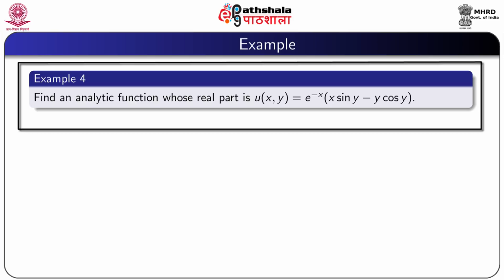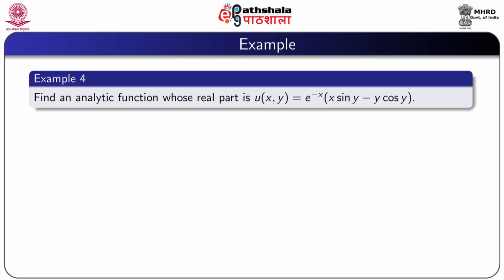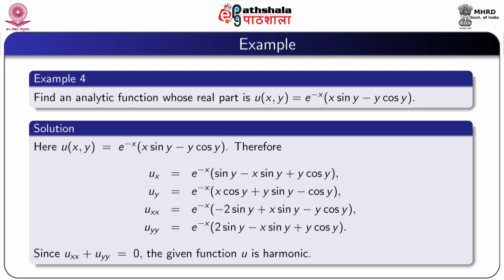Find an analytic function whose real part is u, which is equal to e to the power minus x times x sin y minus y cos y. So, here u is e to the power minus x times x sin y minus y cos y.